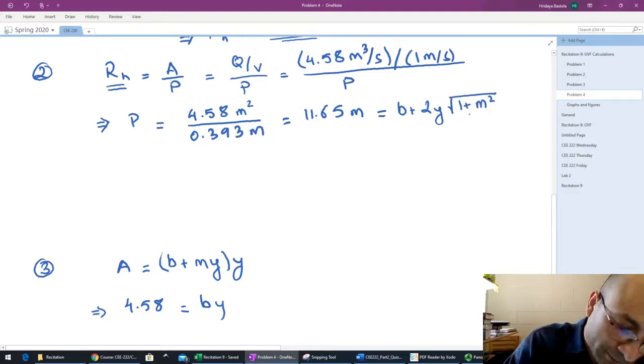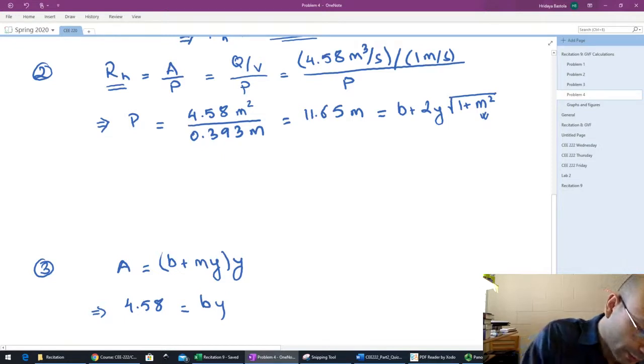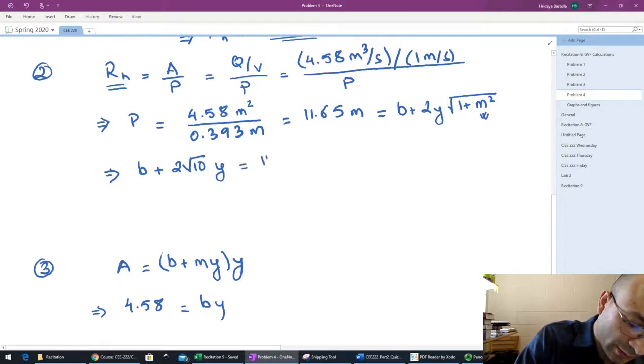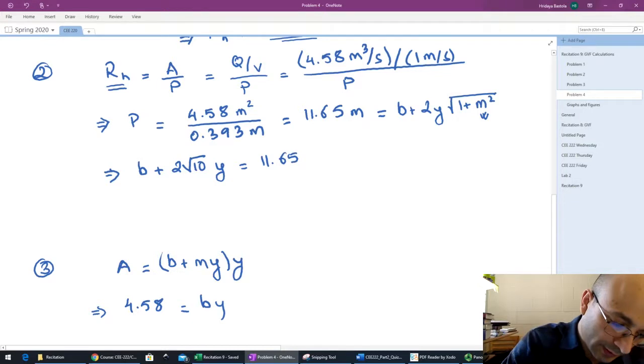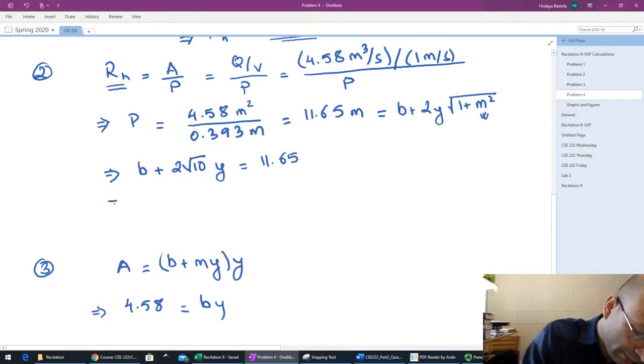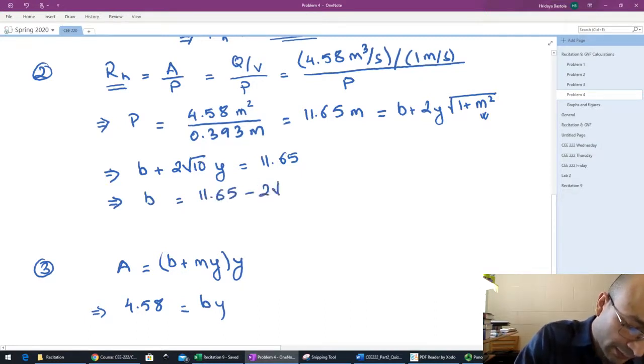M we're given is 3, so we can then write that as B plus 2 square root 10 times y equals 11.65. We'll just skip the units for now. That'll give us B equals 11.65 minus 2 root 10 times y.